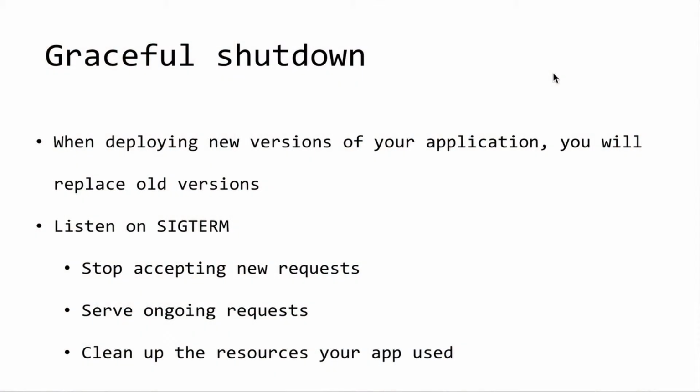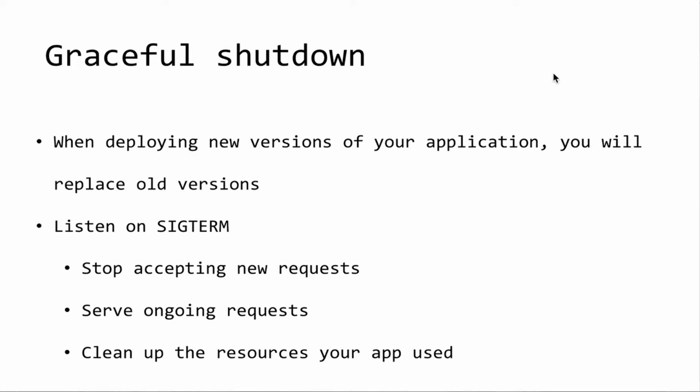Speaking about HTTP and HTTP services, I briefly wanted to talk about graceful shutdown as well, which is really important if you deploy applications frequently and you want to make sure that requests are not dropped.